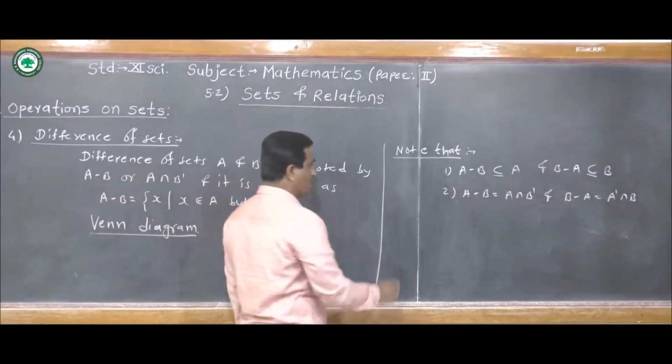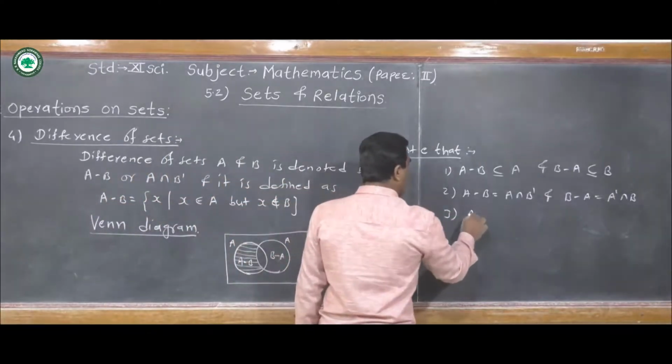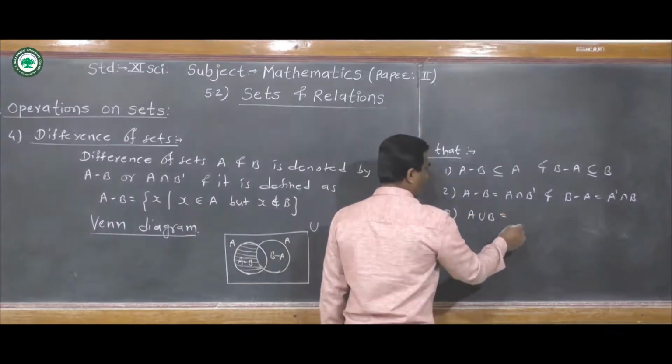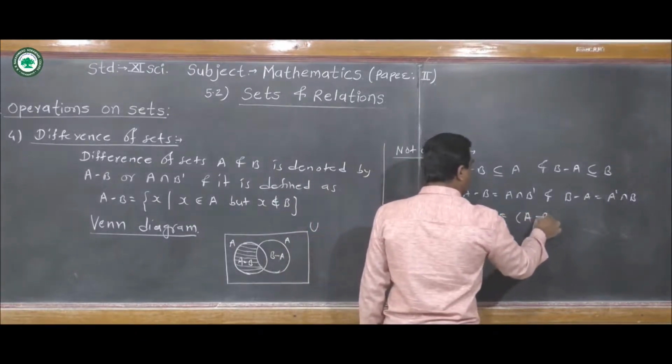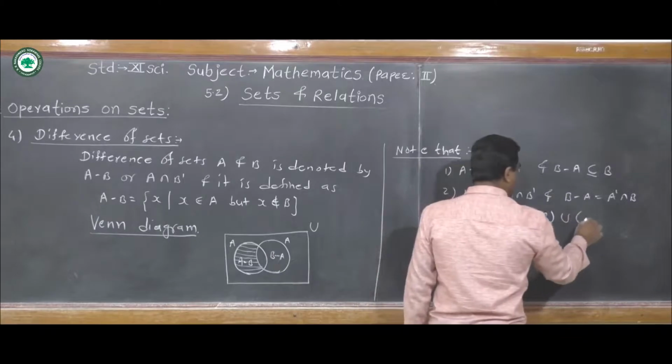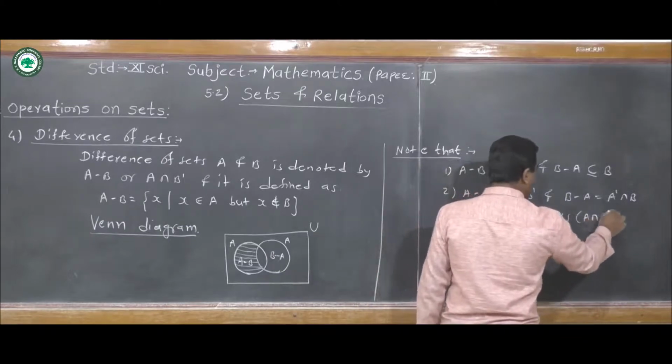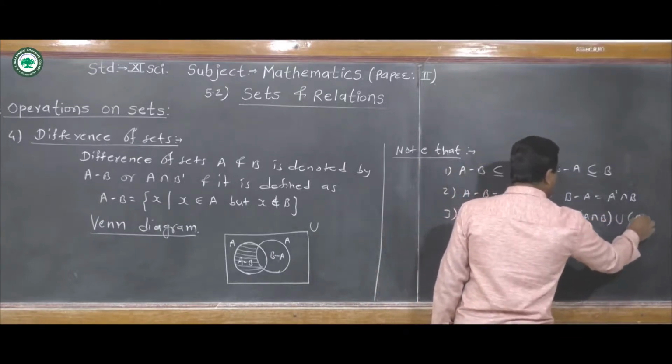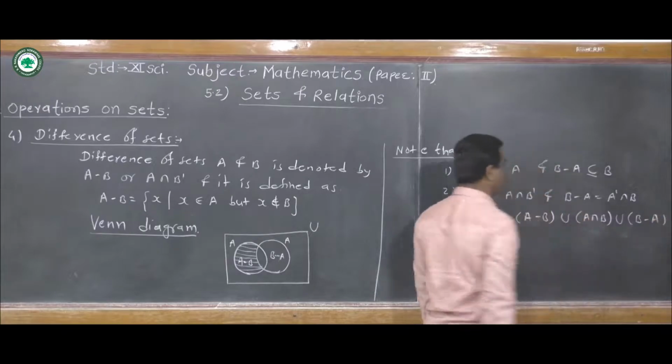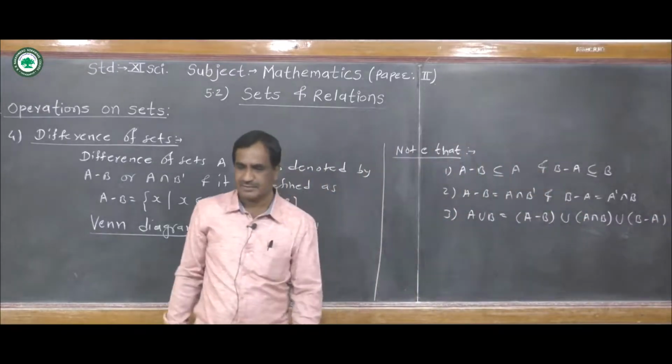Third note is A union B is equal to (A minus B) union (A intersection B) union (B minus A). Okay.